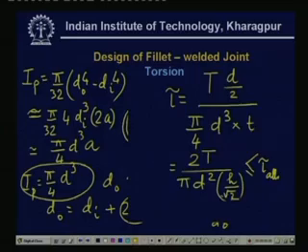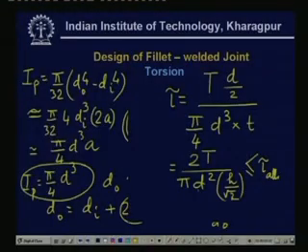Here again the assumption is that the failure will be most probable in the throat area. So, the throat is the place where the stress gets maximum value, and we design according to the throat cross sectional area. Now, this is about the fillet welded joint for torsion.